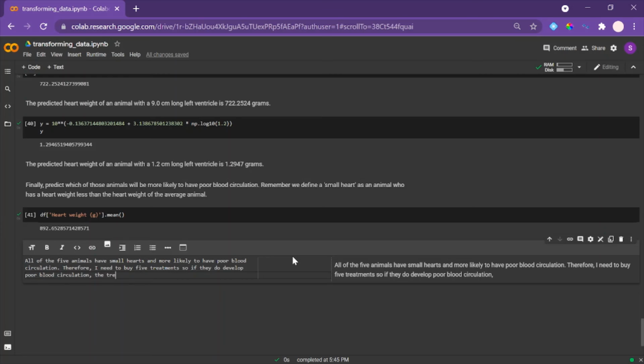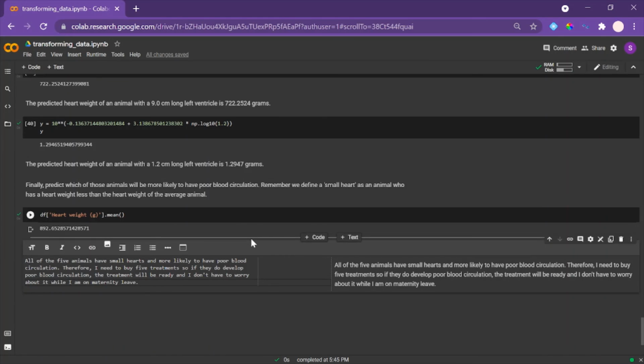The treatment will be there, or be ready, and I don't have to worry about it while I am on maternity leave. So let's just pretend people call me no matter what, like if I'm on vacation, and I always have to fix the issues. So basically I don't have to worry about it if they do call me because the treatments are already there. So that is our conclusion.